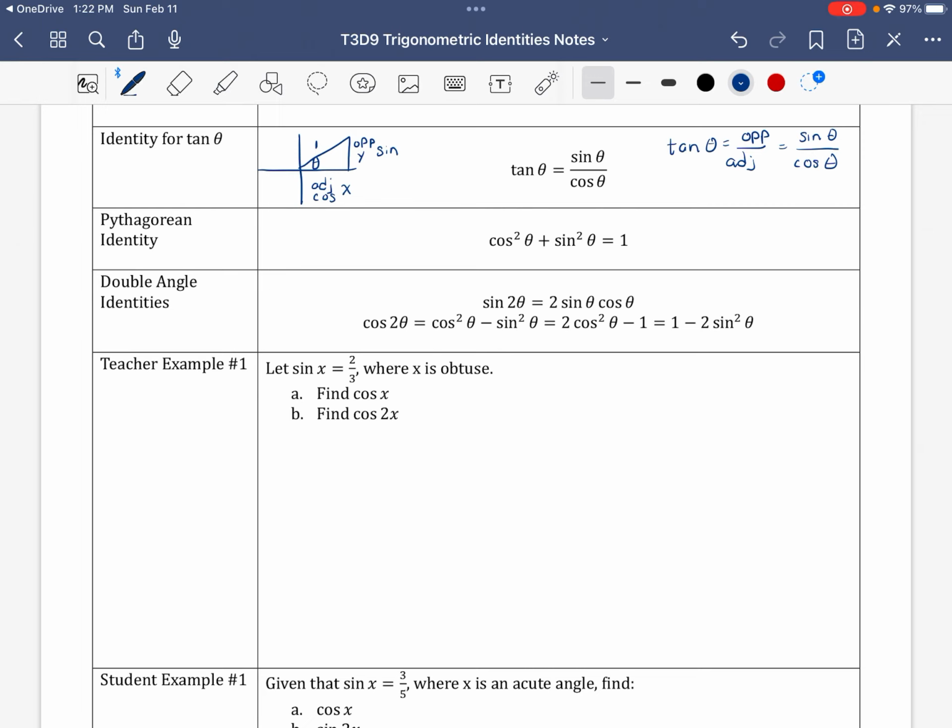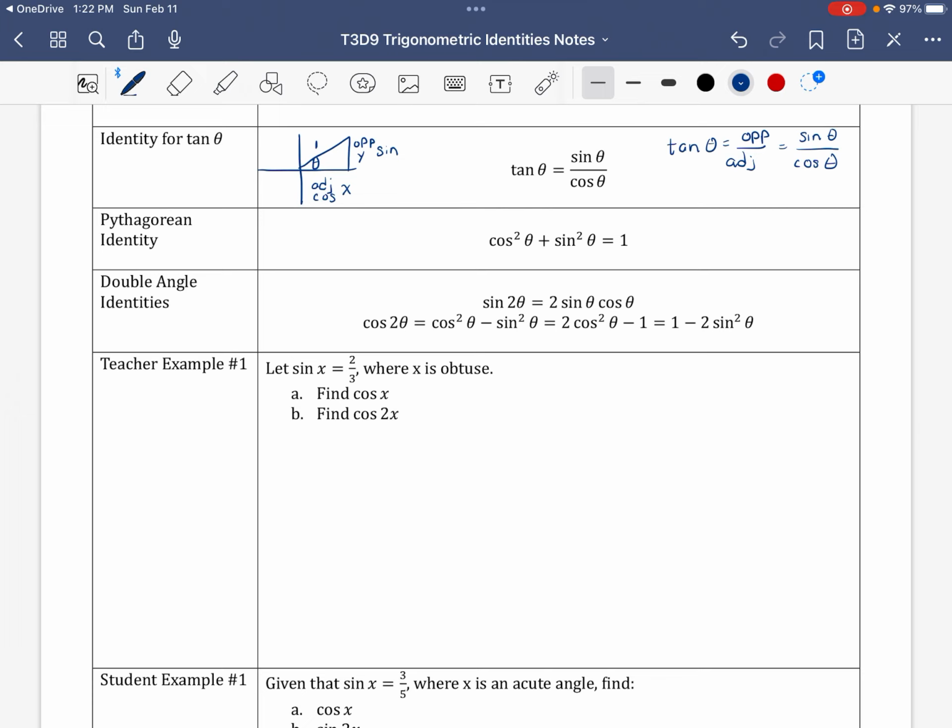I use our unit circle just because our hypotenuse is 1. But regardless of whether we're thinking about the unit circle or any triangle in general, the hypotenuse value for sine and cosine ends up canceling out. So it doesn't matter whether we're talking about the unit circle or any other kind of triangle. The takeaway here is that we can replace tangent of theta with sine over cosine or vice versa.